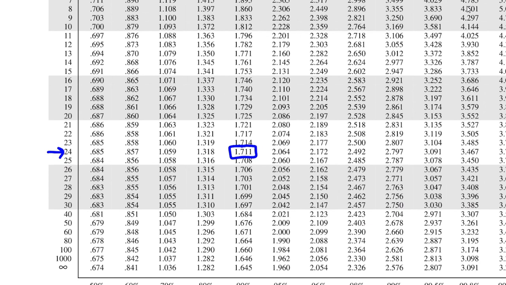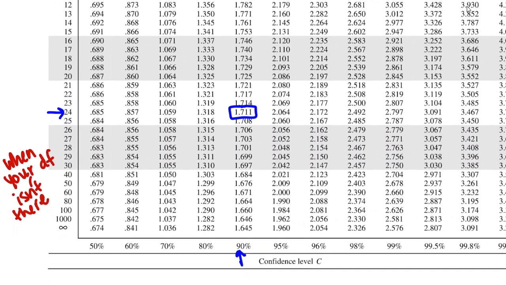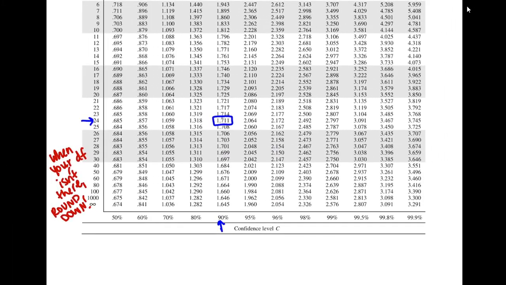And so you round down. So when your DF is not in there, you round down, you would use 30. Your calculator can get you any sample size and any DF. And so that's probably a little bit easier, but if you like the tables, this works too.